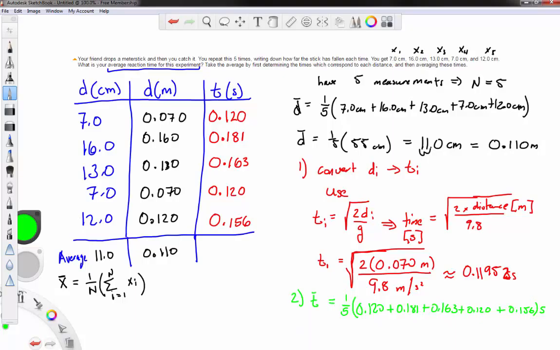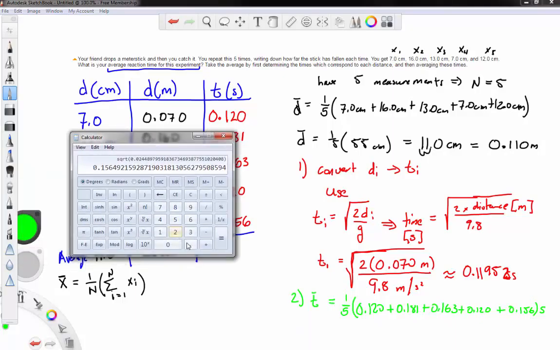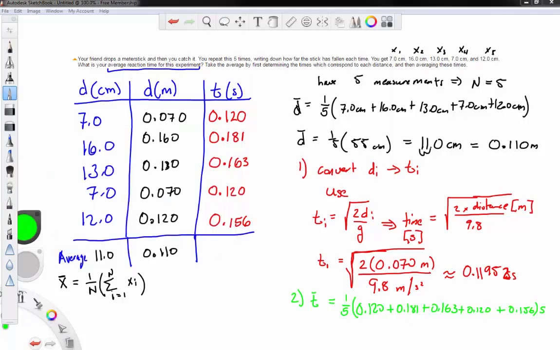So let's add all those times together. We have 0.120 plus 0.181 plus 0.163 plus 0.120 plus 0.156. So that gets us 0.74.